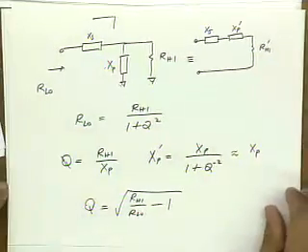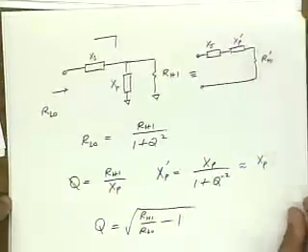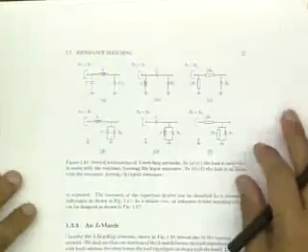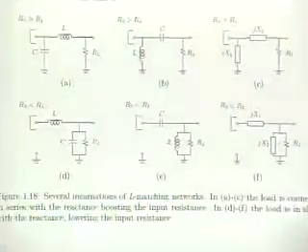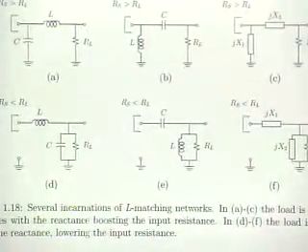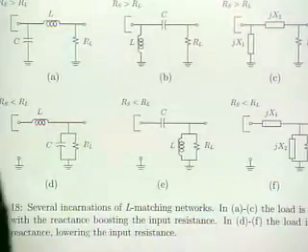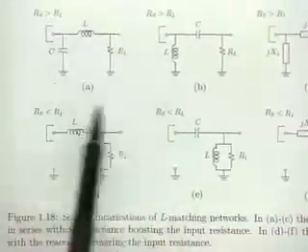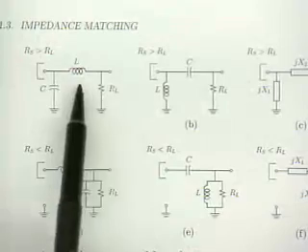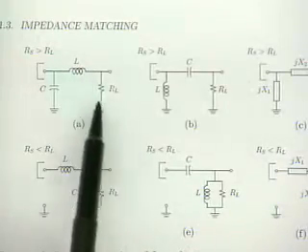So you can remember which way to hook up your L matching networks. Okay? I think I have a little table in here that we could look at. This is from the chapter that you guys have online. So here, starting out here, we see RS is bigger than RL. That's why we connect the inductor in series with RL.